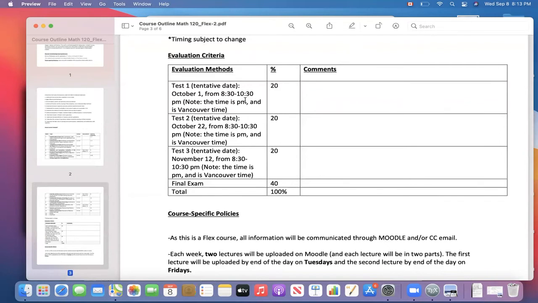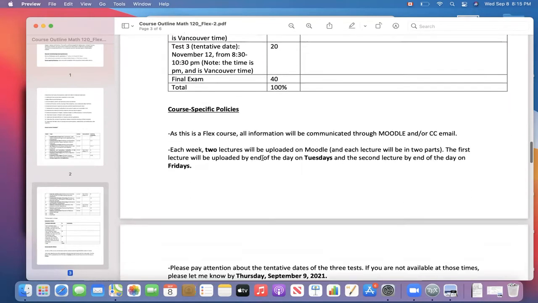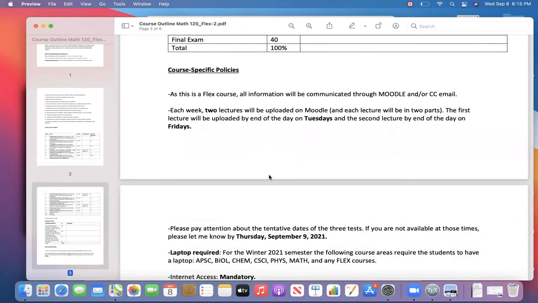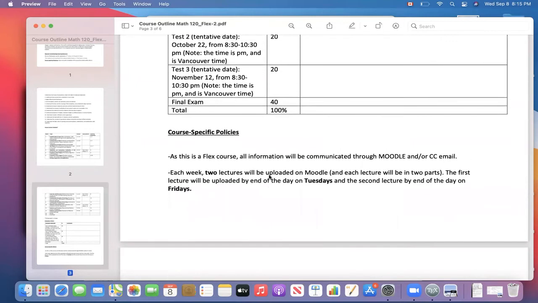If any of these dates or times do not work for you, please let me know by end of Thursday, September 9, and let me know why these dates or times do not work for you, or what type of modification you would need so that the dates and times would work for you.